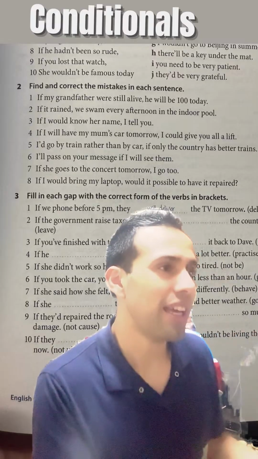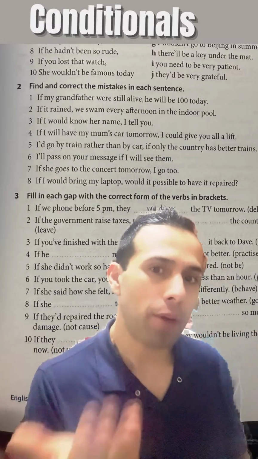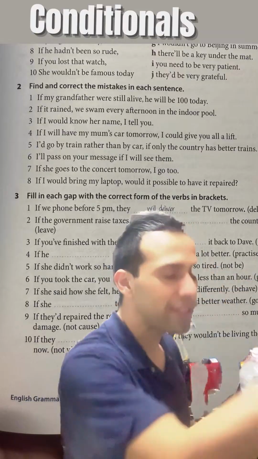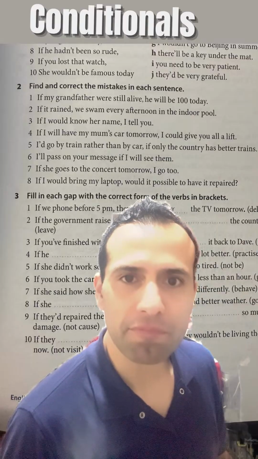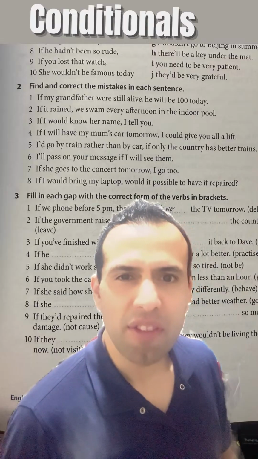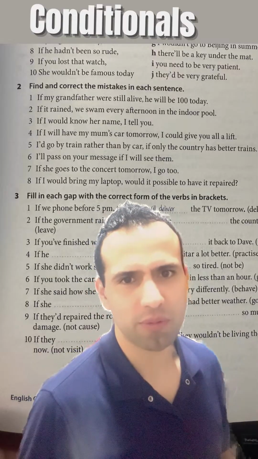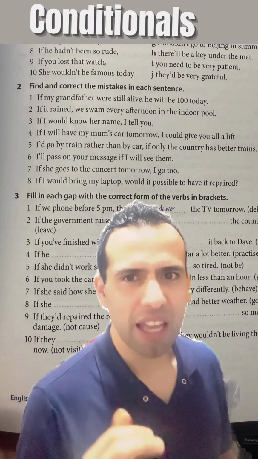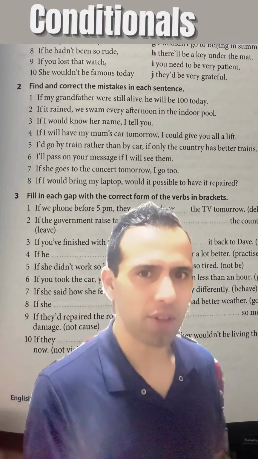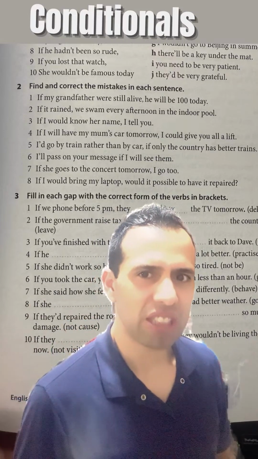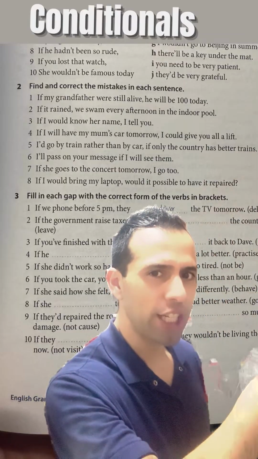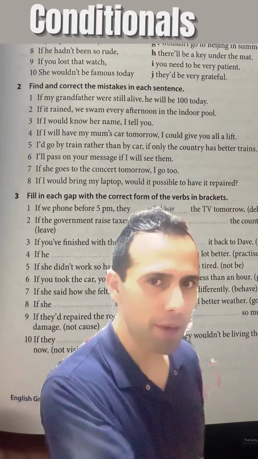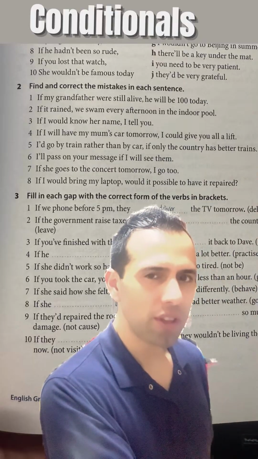The word could is usually used in the second conditional. So it might be, if I had my mum's car tomorrow. But if you talk about tomorrow, you would usually go for the first conditional: if I have my mum's car tomorrow.